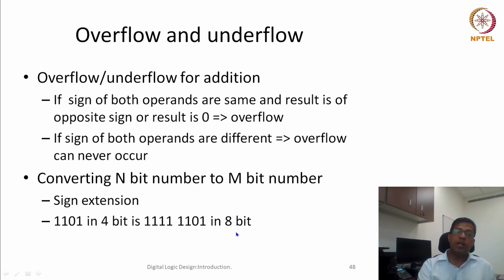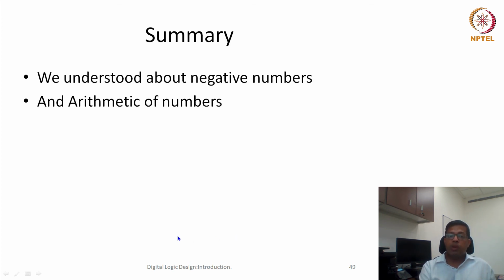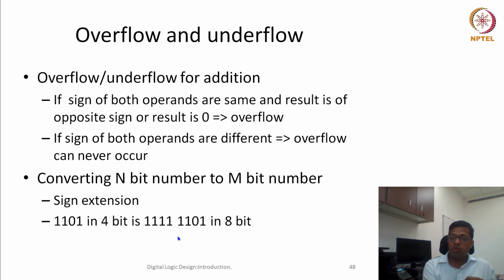If I want to represent this in 8-bit, then I need to remember that because it is negative, its sign bit has to be 1, and in 8-bit it would be 2 to the power 8 minus the magnitude. So either I need to recalculate this number, or the easiest and trickiest method would be to extend the sign bit into the remaining upper bits. If m bits is larger and n bits is smaller, then I can extend the sign bit m minus n times, and the number representation would be correct.